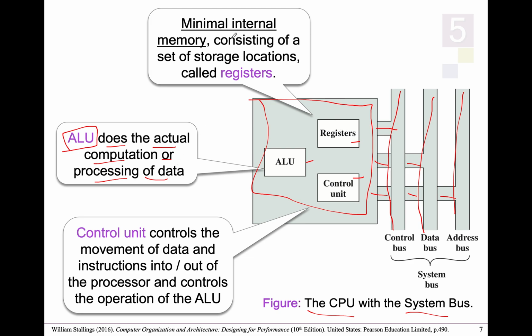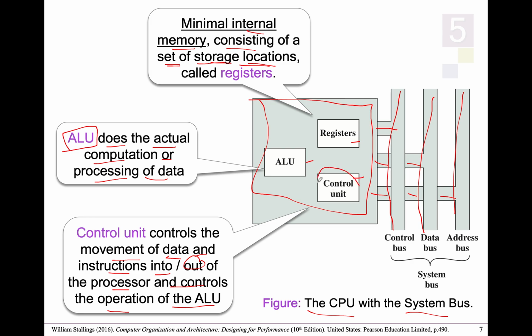While your register is minimal internal memory, consisting of a set of storage locations. This is the task of your register. And your control unit controls the movement of data and instructions into or out of the processor and controls the operations of the ALU.